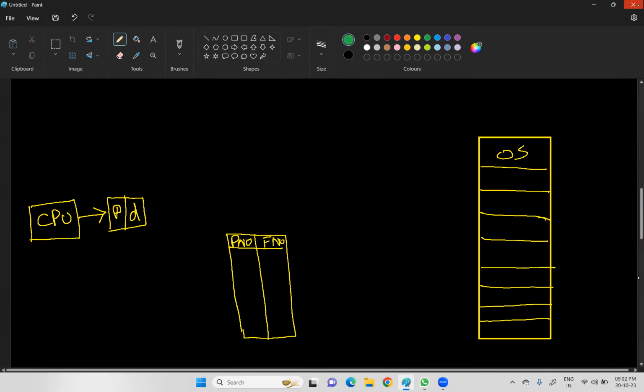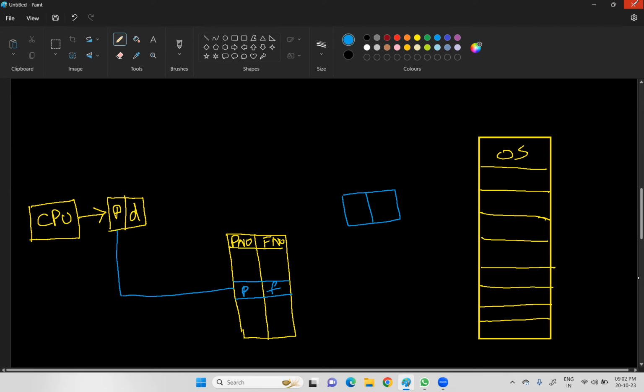The logical address is checked in the page table. This is the page number and this is the frame number. Then it creates a physical address, something like this. This is the physical address. The physical address is also like the logical address.